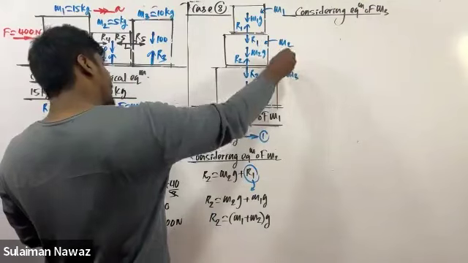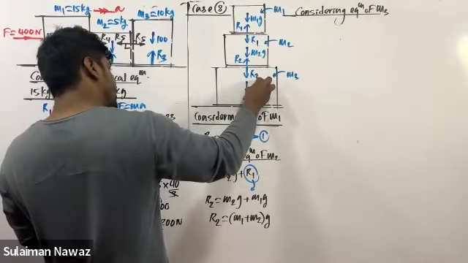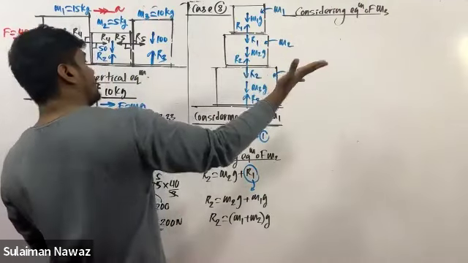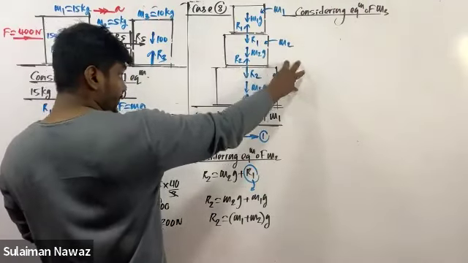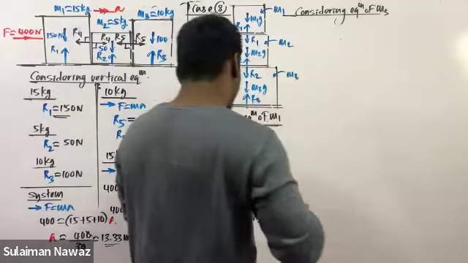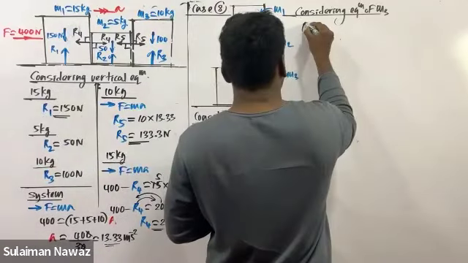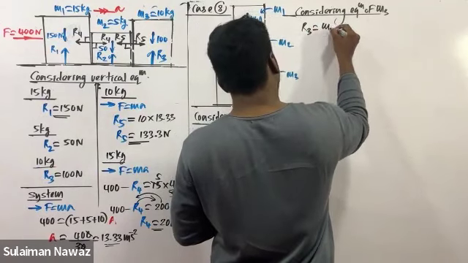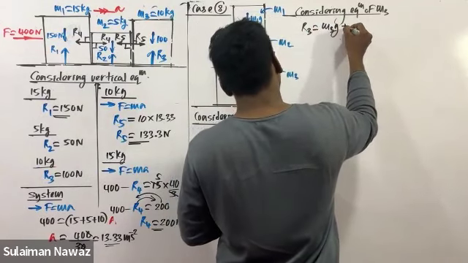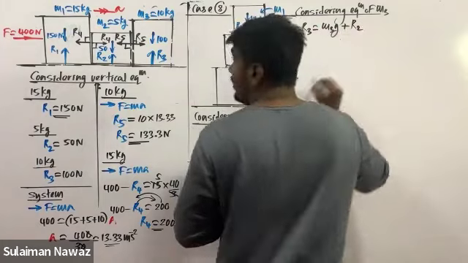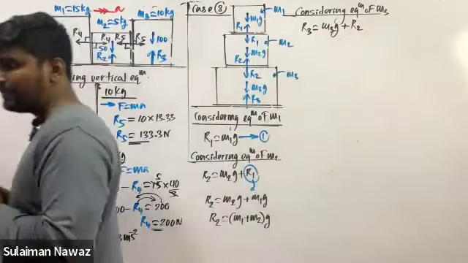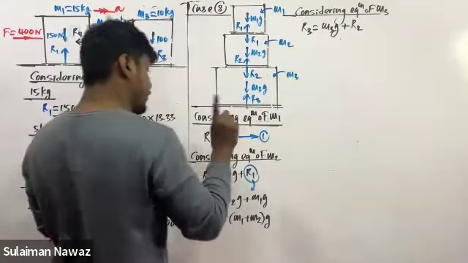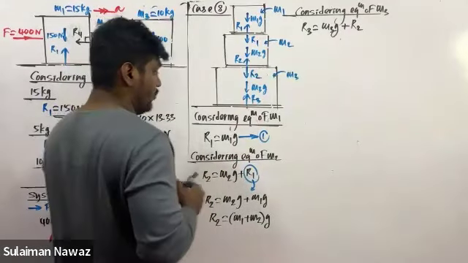For M3, there are 3 forces: R2 downwards, M3G downwards, and R3 upwards. R3 must be equal to M3G plus R2. Now you know what R2 is, from equation 2.